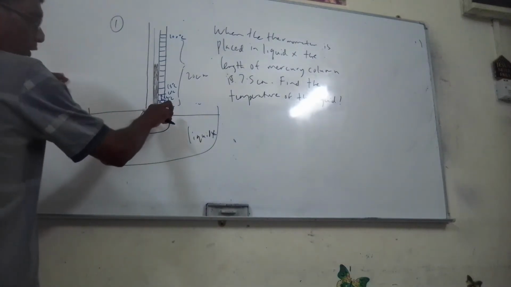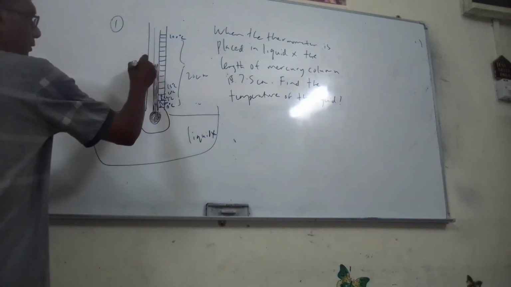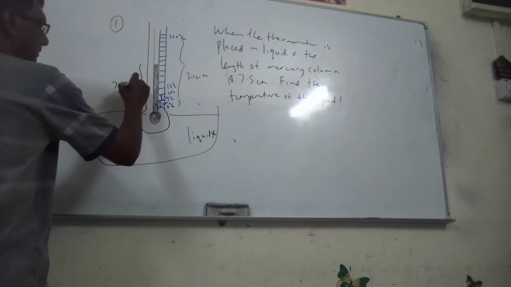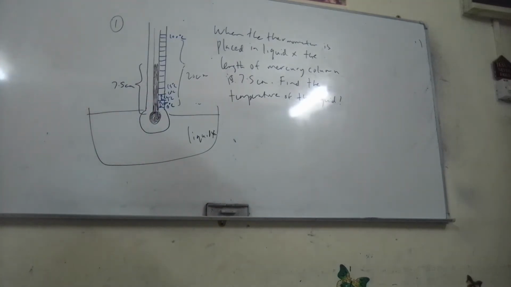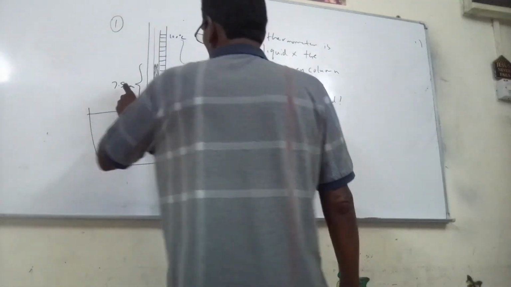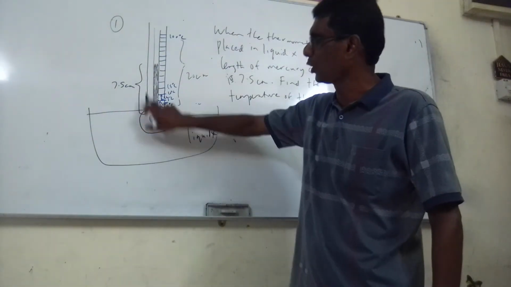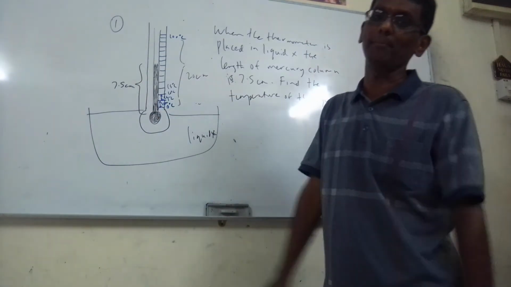The mercury column starts from 0, and the mercury column is 7.5 cm. So what is the temperature?